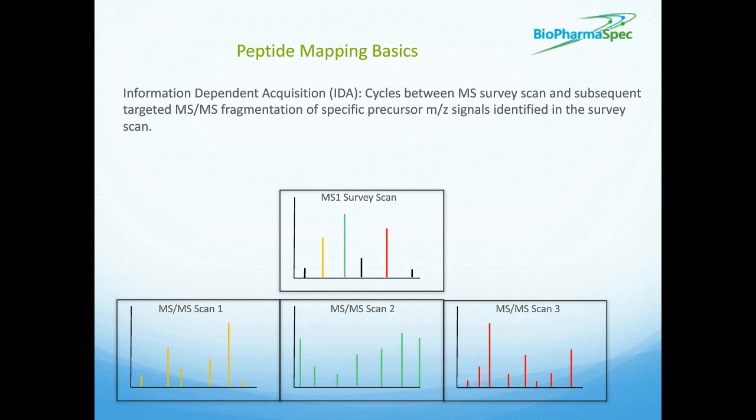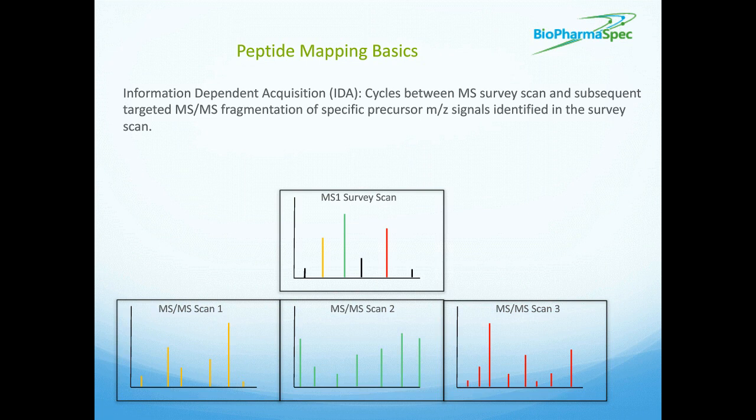In this case, the yellow precursor is chosen for further fragmentation, and so is the green, and so is the red. The nice thing about this method is all of the MS-MS fragmentation is attributable to one known precursor, and it makes the interpretation much more straightforward. However, one of the downsides is that it doesn't choose the low-level signals for fragmentation.